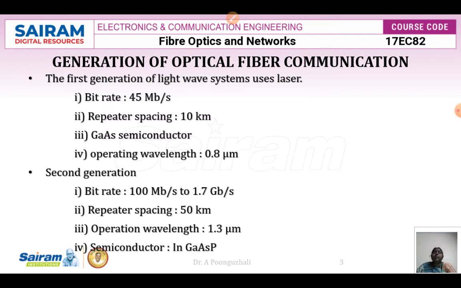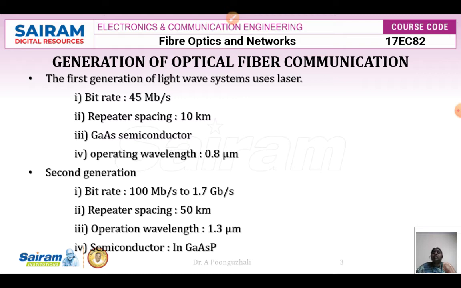Repeater spacing means that whenever I want to join the cables, that is your optic fibers, a repeater has to be placed, otherwise the signal will be degraded and I cannot get a proper output. So a repeater should be placed at every 10 kilometers. The semiconductor they used in the first generation was gallium arsenide. The operating wavelength is 0.8 micrometers.